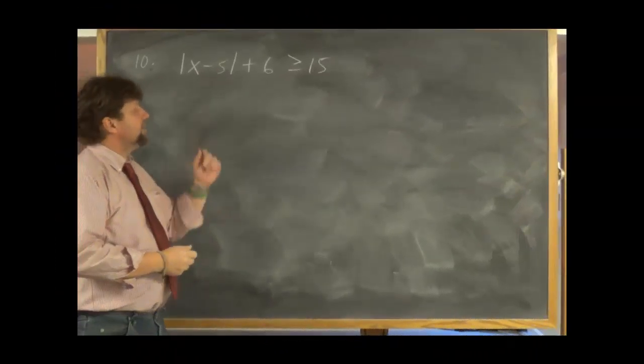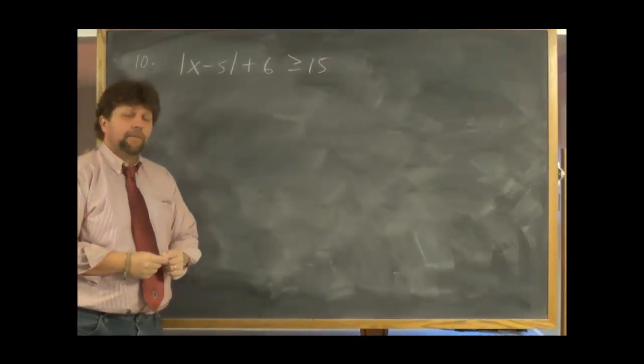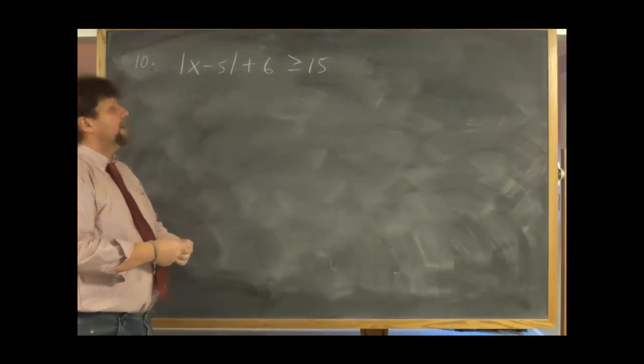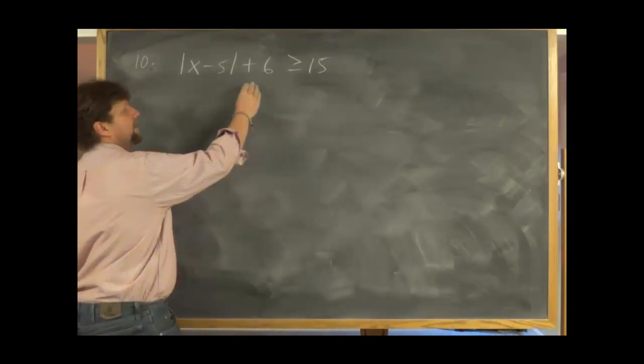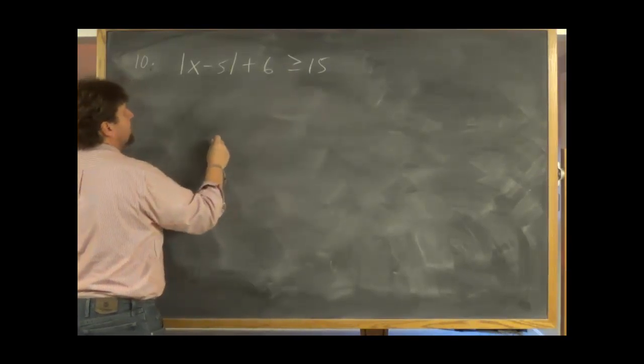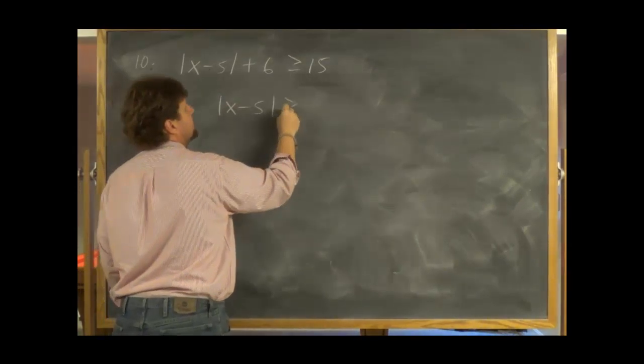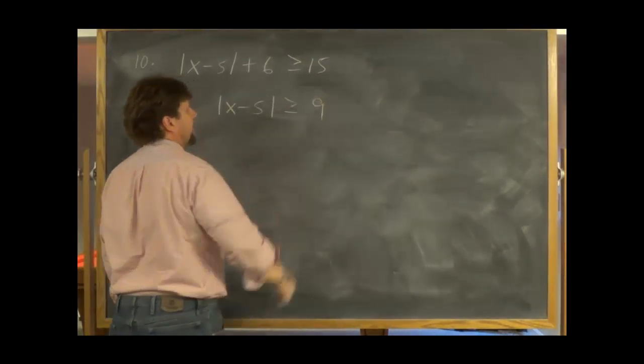All right, hey folks, here in number 10, I ask you to solve this absolute value inequality and write your answer in interval notation. I would begin this one by subtracting 6 from both sides to get absolute value of x minus 5 is greater than or equal to 9.